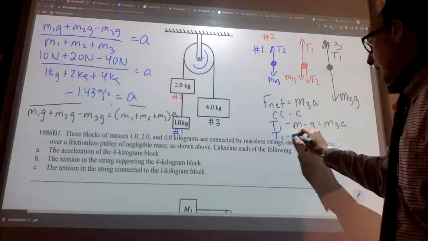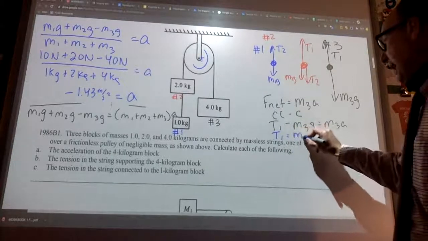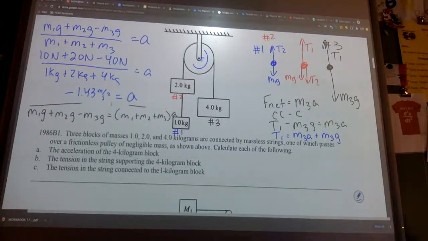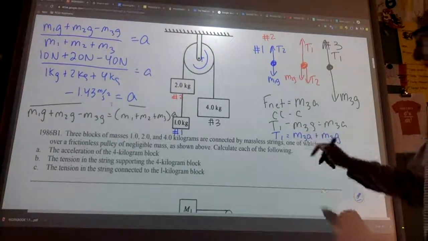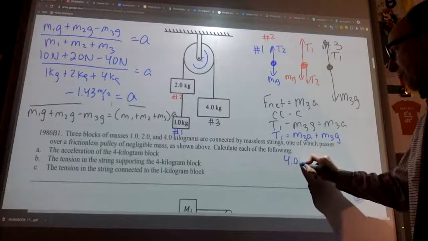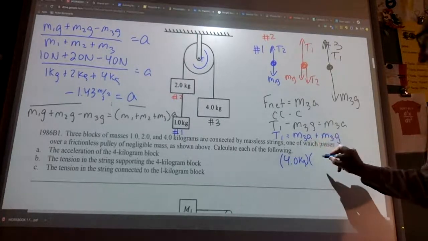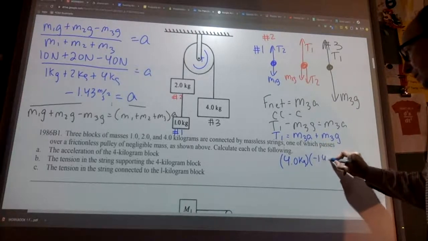So T1, I'm going to add M3G to the other side. I'm going to put in M3 as 4. Now my acceleration has to go in as the negative.